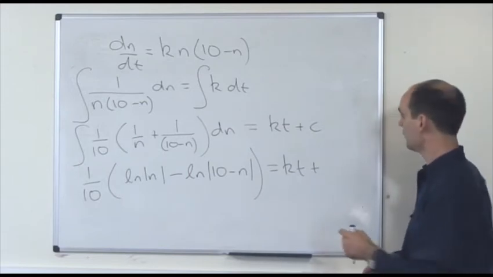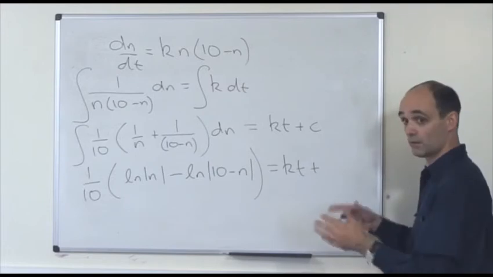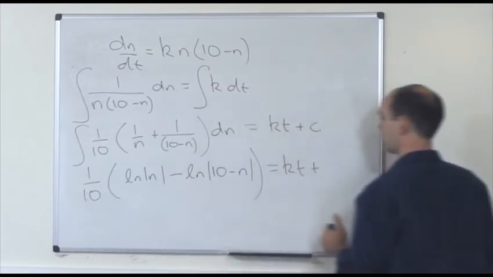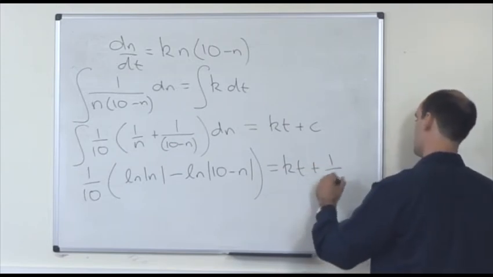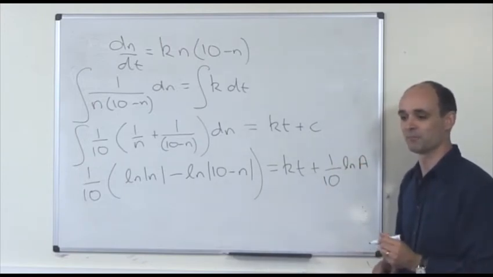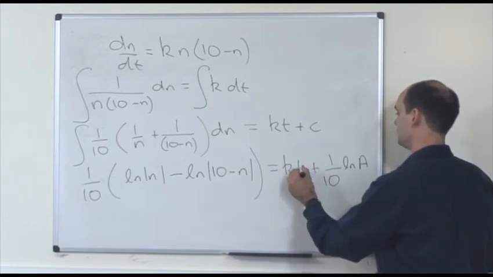So it might be useful to write c in terms of constants involving logarithms. So actually we've got a 10th of logarithms on the left hand side. So my tip here is to write the constant c as a 10th of the logarithm of a here. And you can play around with that. Now that's kt and that's a plus sign.